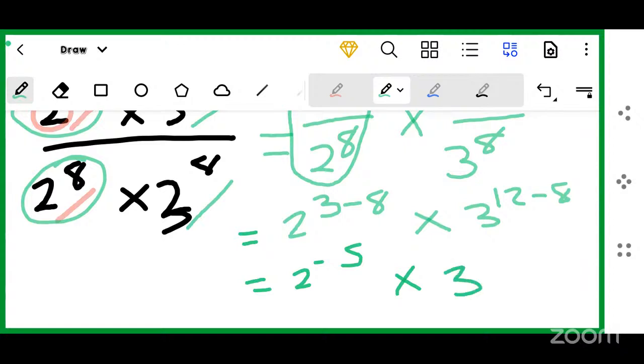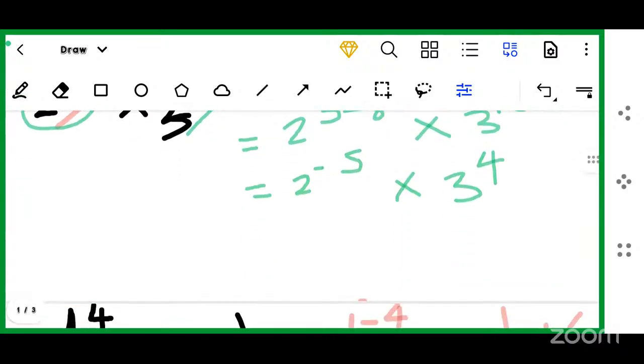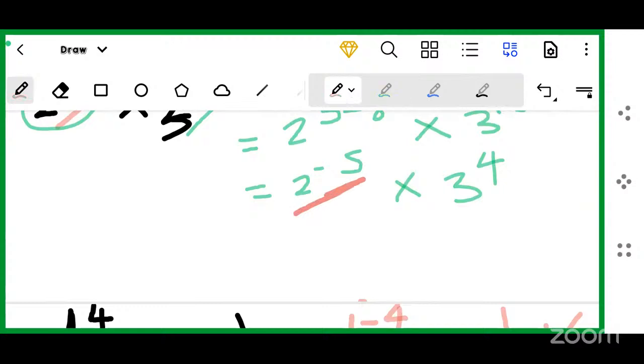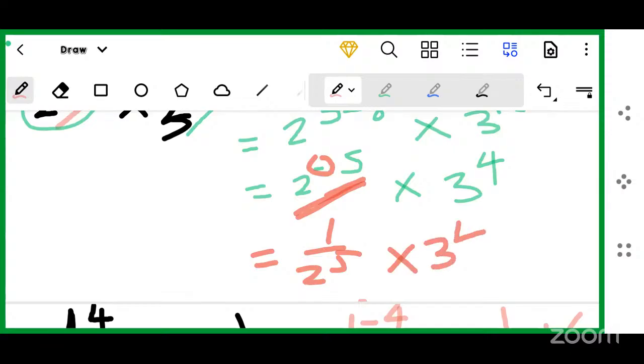So you write 3 to the power of 4. Now, since we have this rule, we can't leave it as it is. We have to treat the negative as a divide. So now we're going to include the 1 over 2 to the power of 5 multiplied by 3 to the power of 4.